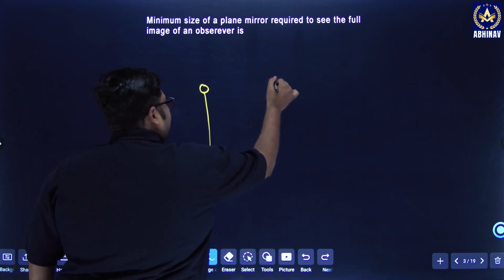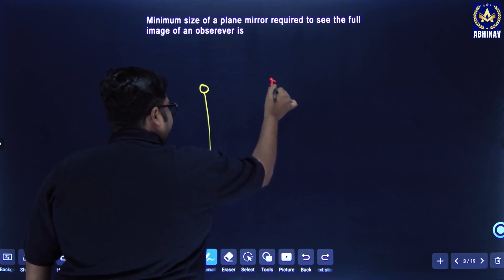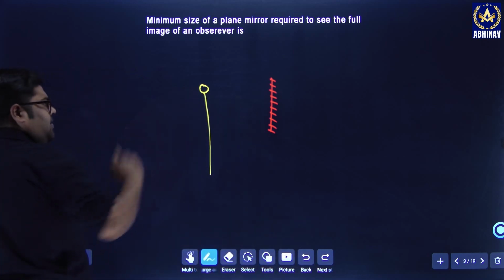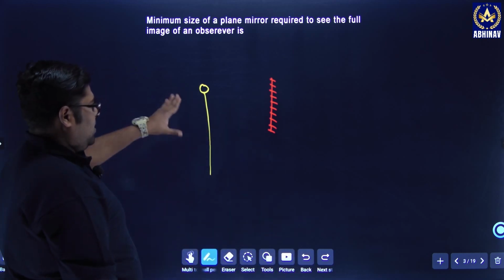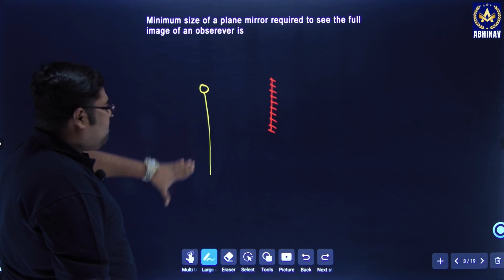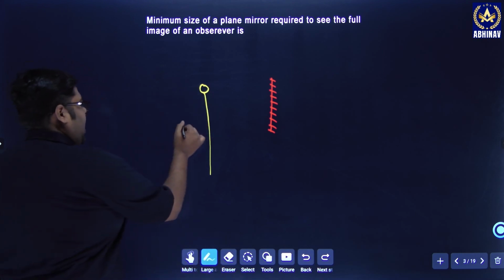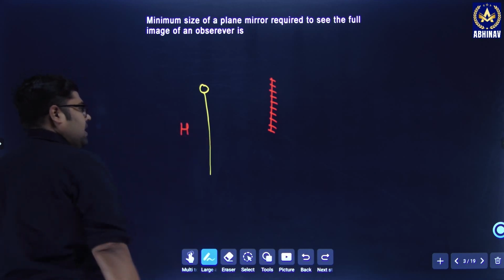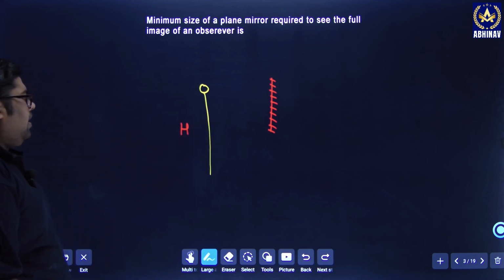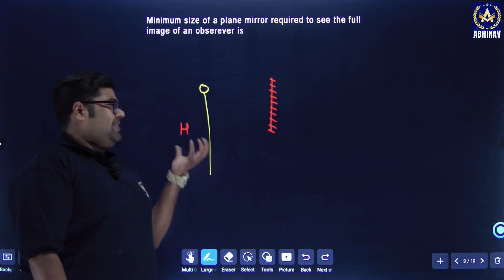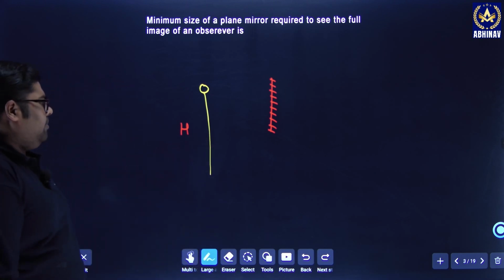So let us assume this is the mirror. We need to find its length so that the person can see his complete image in the mirror. Let us consider the height of a person as capital H. Now, when will the person be able to see his complete image in the mirror?